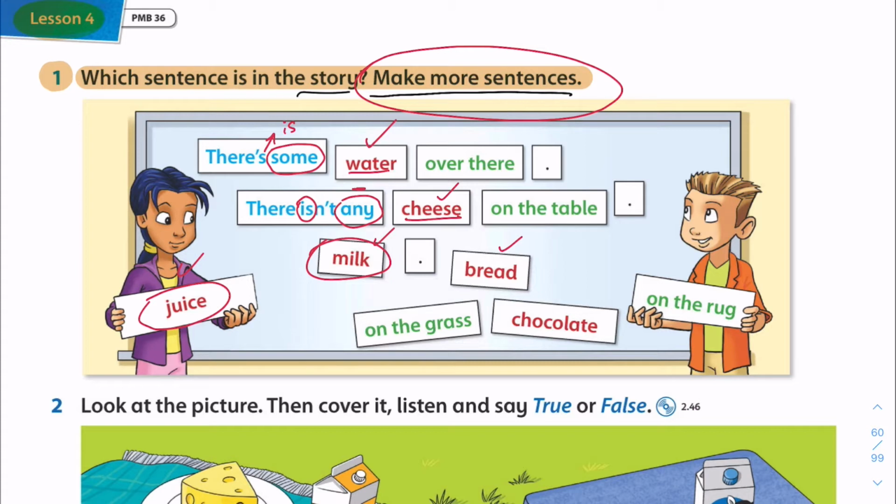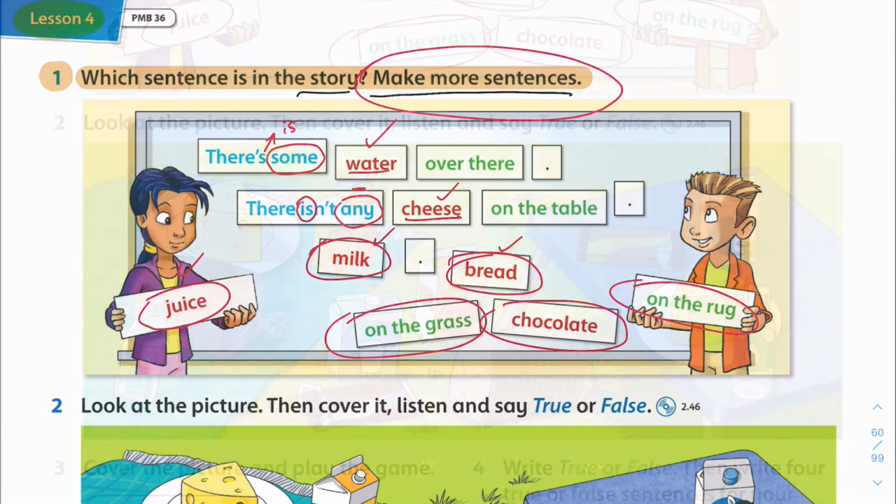We can also say, there isn't any milk on the table. Well, what about bread? We can say, there's some bread on the grass. We can also say, there isn't any chocolate on the rug. Okay, awesome. Now you can pause the video and try making new sentences by yourself.